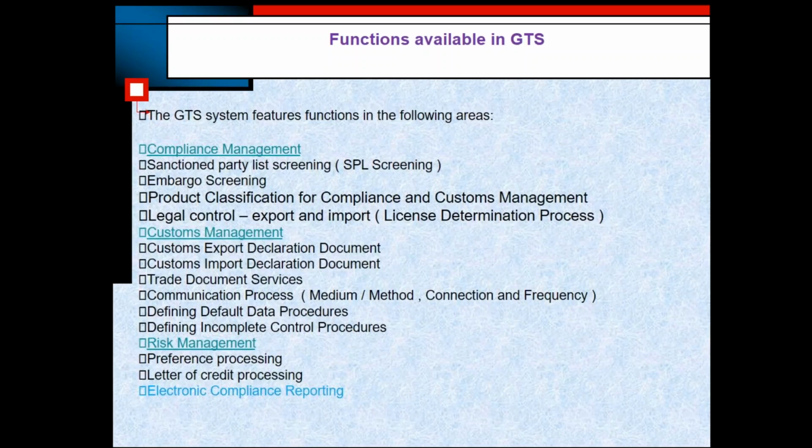Okay, that's fine. The next one is defining the incompletion control process. Before explaining this, I wanted to ask a question. If you send any incomplete information to the customs authorities, is it acceptable to them? They don't accept it, right?